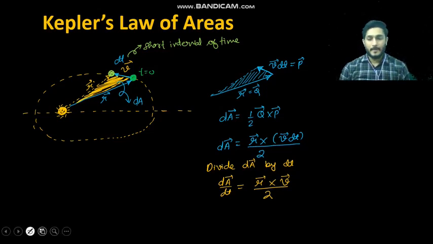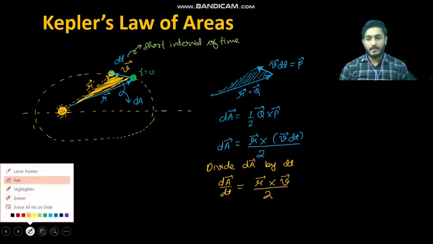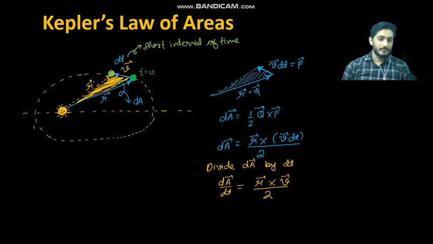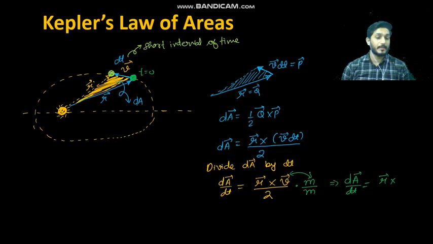Now I am going to make it even simpler. Let me multiply by mass and divide by mass. This dA by dt would look something like this. dA by dt equals r cross, now I am clumping mass and velocity together so that it becomes linear momentum. So it is m v vector divided by 2m.